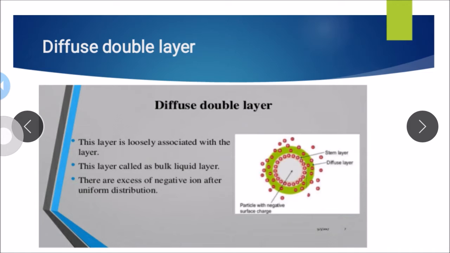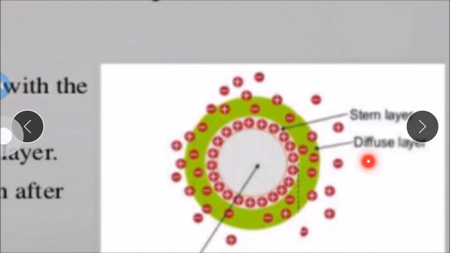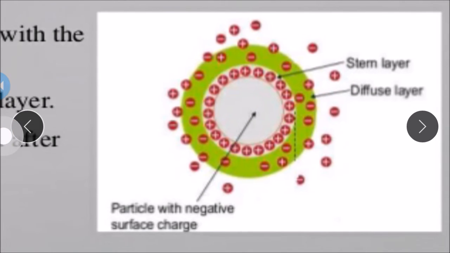There is an excess of negative ions after uniform distribution. So we can see that usually the stationary layer which is present here is called the Stern layer.